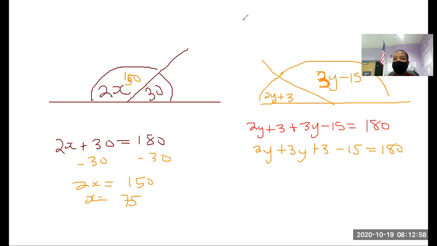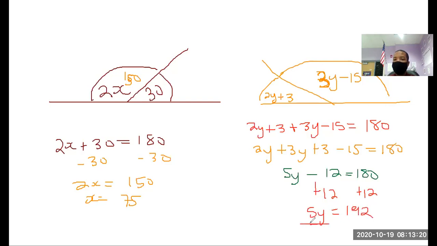So this ends up being 5y minus 12 equals 180. Now I have to add 12 to both sides. So 5y is equal to 192.